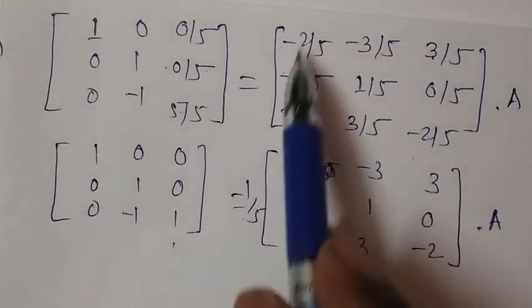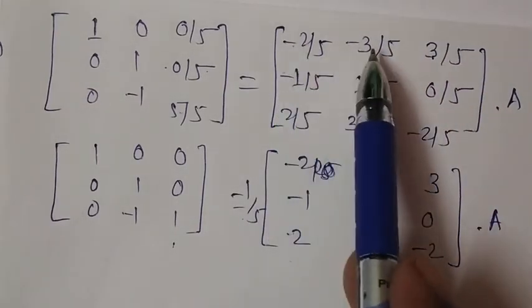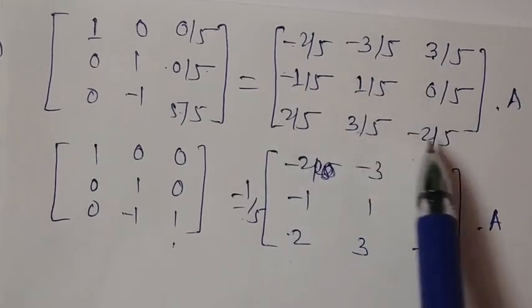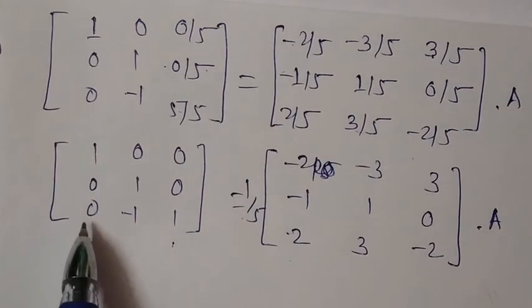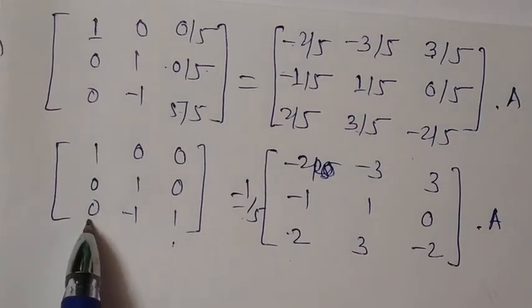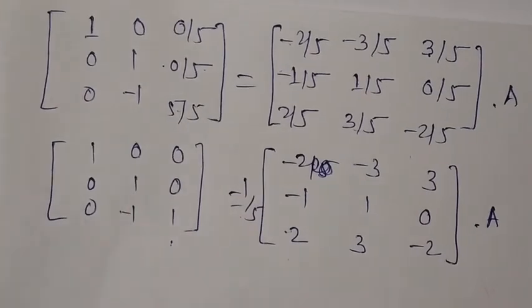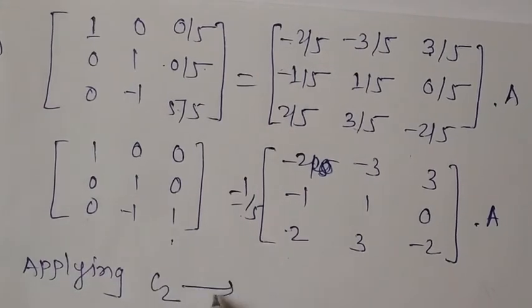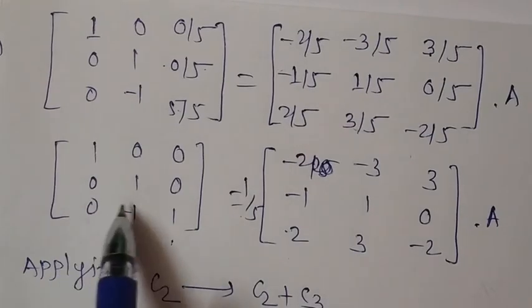Now check whether all numbers are divisible by 5. So take 1 by 5 common. What remains? Minus 2, minus 3, 3, minus 1, 1, 0, and last 2, 3, minus 2. Now step 5 is completed. Last step: convert this number to 0, it is already 0, and convert this number to 0. This is in C2, so applying C2 plus C3, minus 1 plus 1 becomes 0.